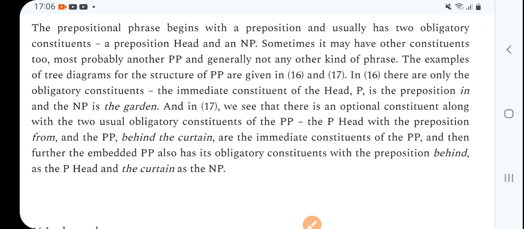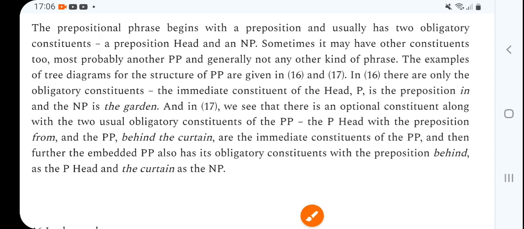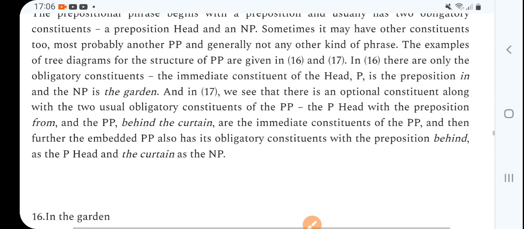The prepositional phrase begins with a preposition and usually has two obligatory constituents: the preposition head and an NP. Very important: in a prepositional phrase, what is required? That is a preposition and an NP, right? Sometimes it may have other constituents too, most probably another PP.